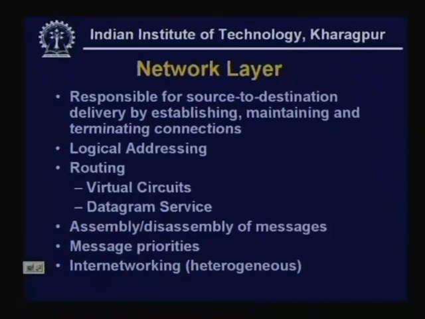So, you have to do some kind of framing, and the logical address will be part of that. Then it has to do routing, because it will go through a number of communication systems. There are examples of routing, virtual circuit and datagram service, as I have explained. It will also do assembly and disassembly of messages.